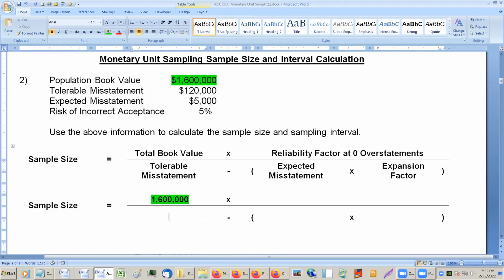The tolerable misstatement is 1.2 million. No, it's not. 120,000. I was lying. And the expected misstatement is 5,000.